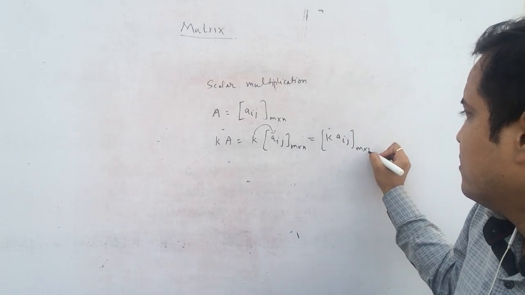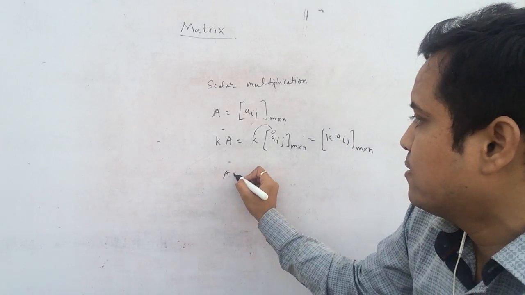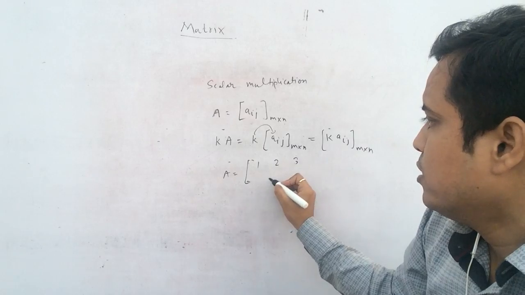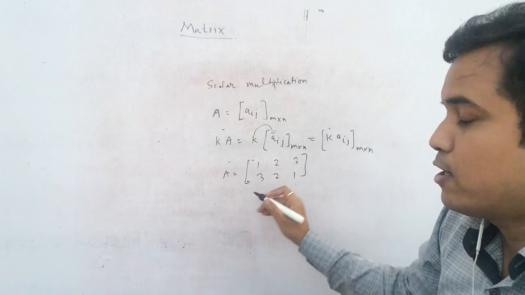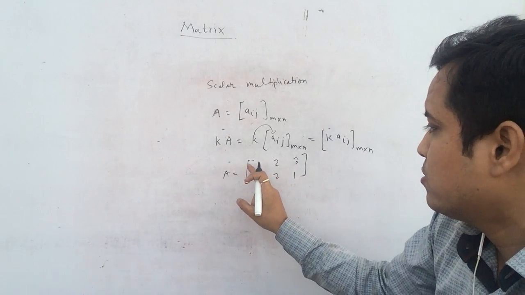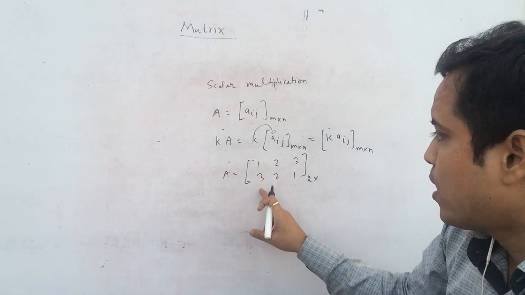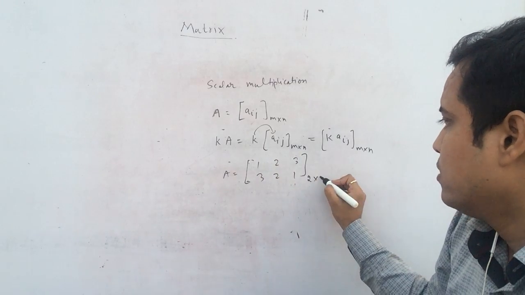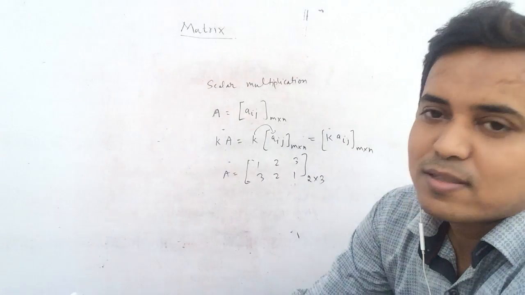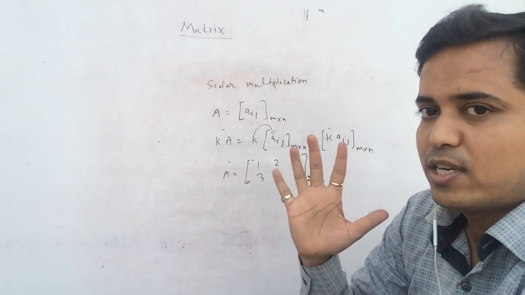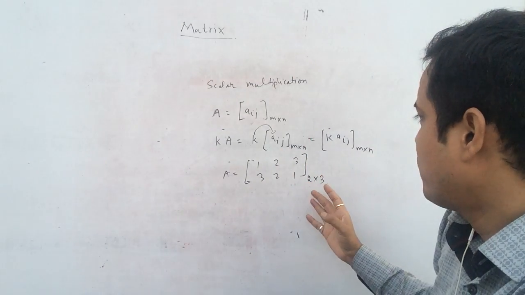For example, if A is 1, 2, 3, 3, 2, 1, find the order. How many rows? 2 rows. How many columns? 3 columns. Find the number of elements: multiply these, 6 is the number of elements.